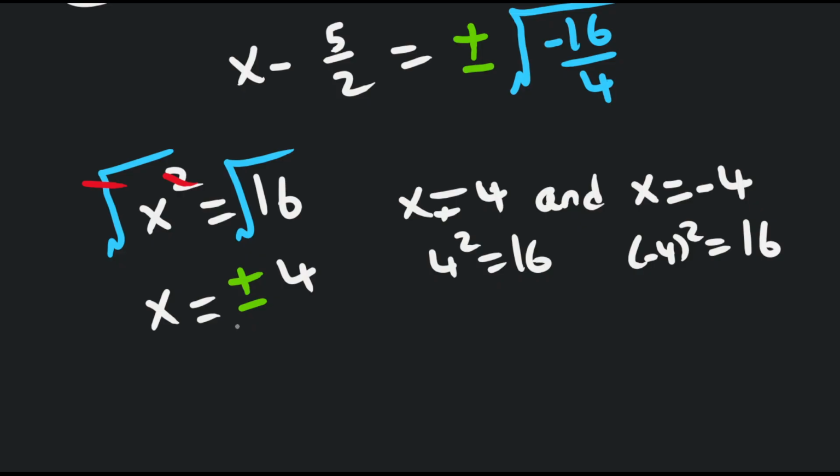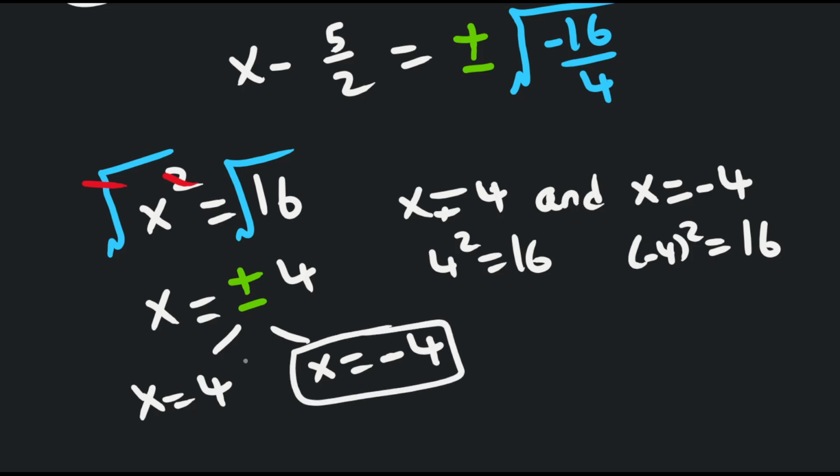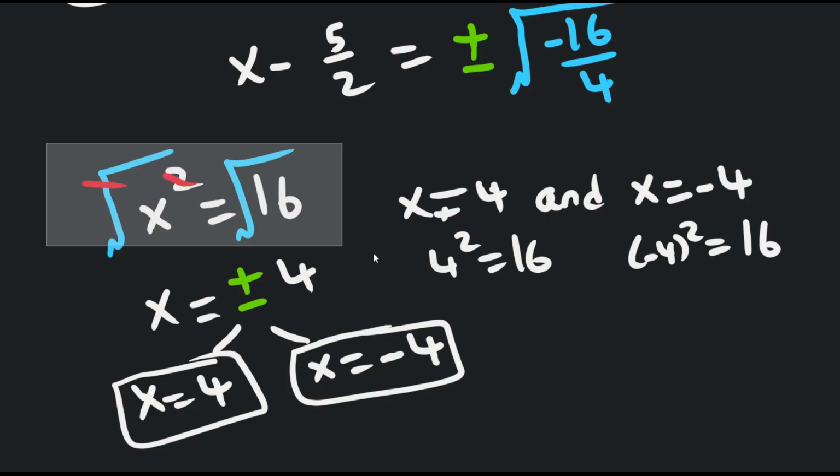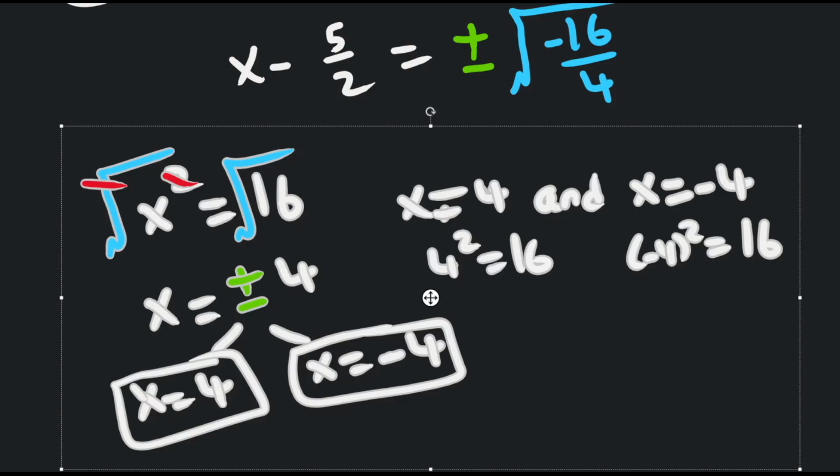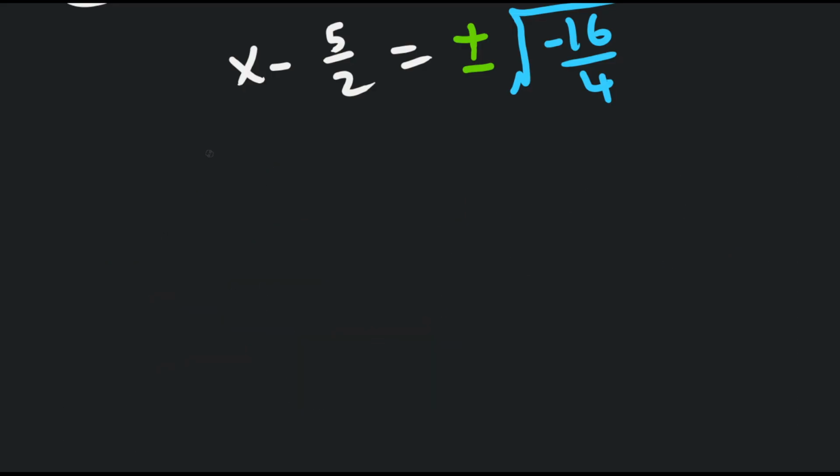And what that translates to is x equals positive 4, and x equals negative 4. Those are the two solutions to x. X can equal positive 4, and x can equal negative 4. So that's why the plus minus symbol is very important, and you always add the plus minus symbol when you're taking the square root of both sides in any equation.